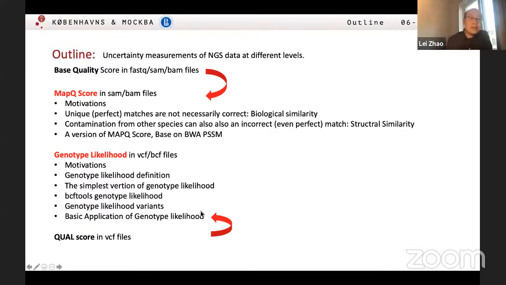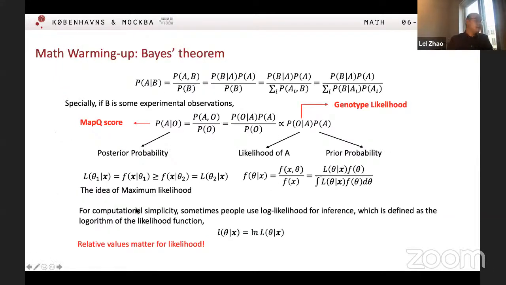Before we dive into the biological area, let's first do some math. When I say math, I basically mean Bayes' theorem.